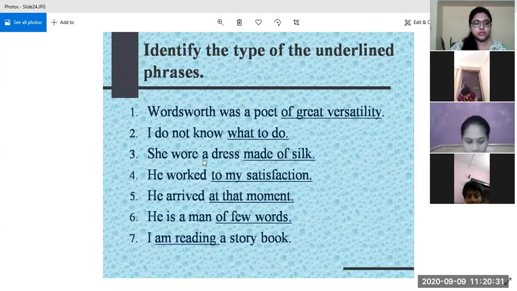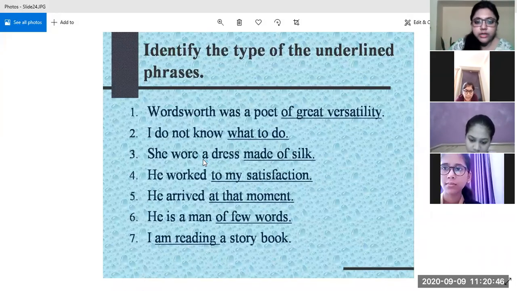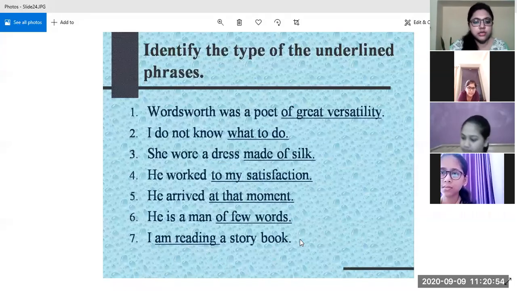Who else can answer this question? Yes, Juveria. Adverb phrase, because it is again modifying the verb here, and at that moment it is giving us the time of the action. All right. Okay, Priyanshi. So you have to pay attention to all these things.